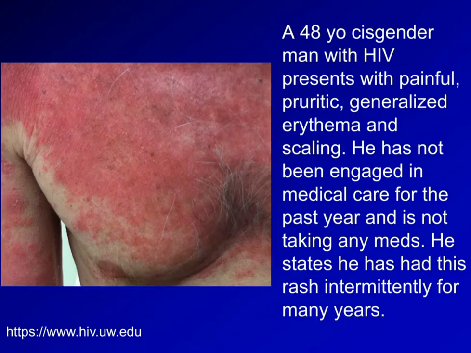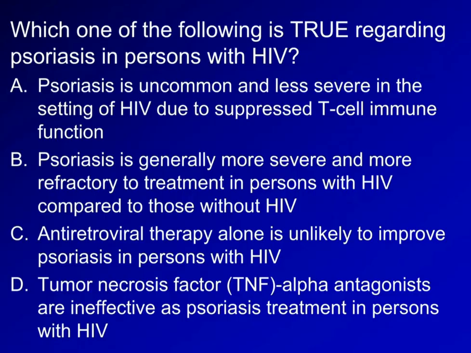All right, think about this one. A 48-year-old cisgender man with HIV presents with painful, generalized erythema and scaling. He has not been engaged in medical care for the past years and is not taking meds. He says he has had a rash intermittently for many years. Psoriasis. So this is bad psoriasis.